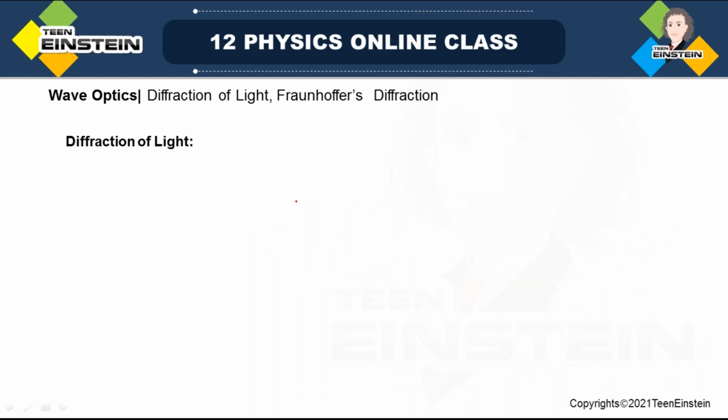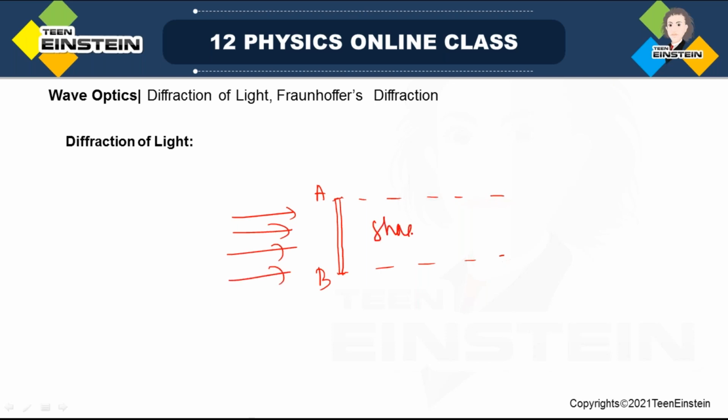But what actually happens, the actual case is not the one ray optics says. If I take this as one obstacle AB, and your light is coming like this, you should get shadow over here according to geometrical optics, what I had discussed just before.